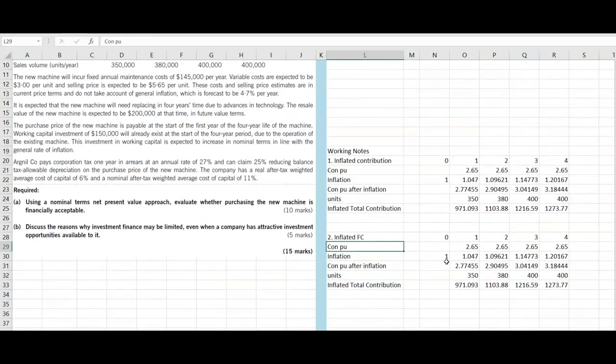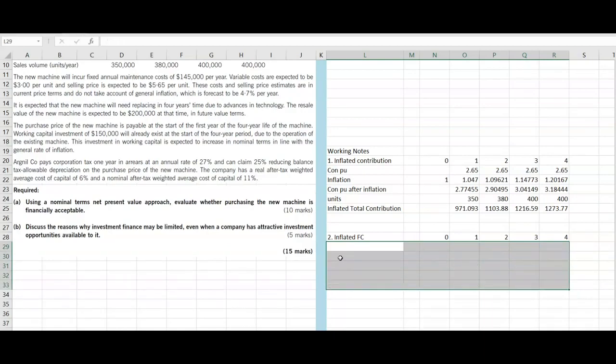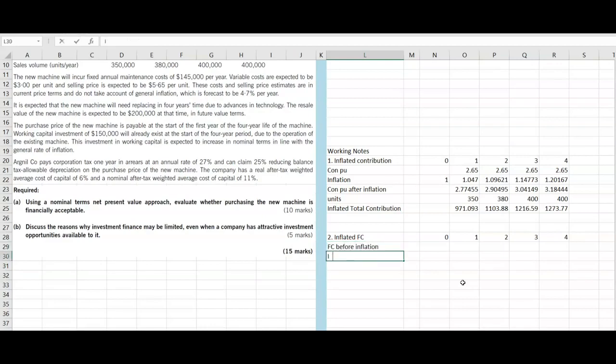So we don't want these numbers. We'll just have the fixed cost before inflation, and we'll have the inflation, and we'll have the fixed cost after inflation.